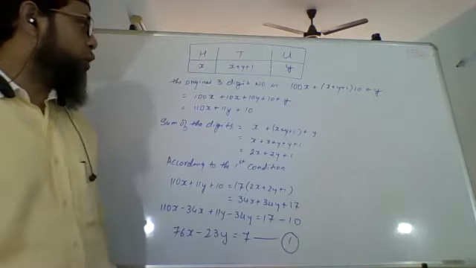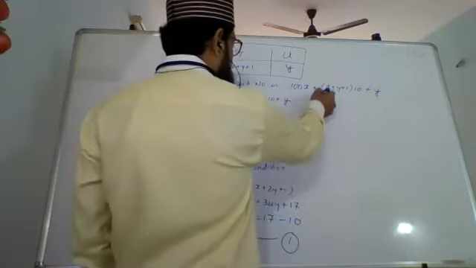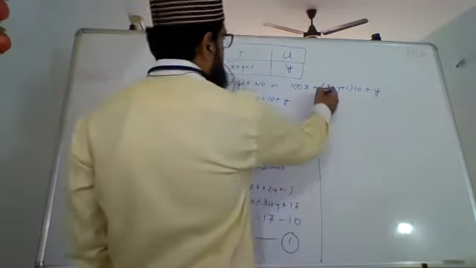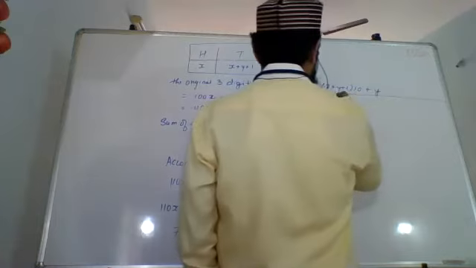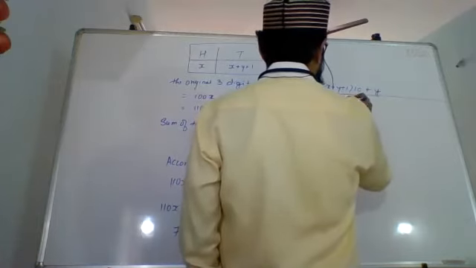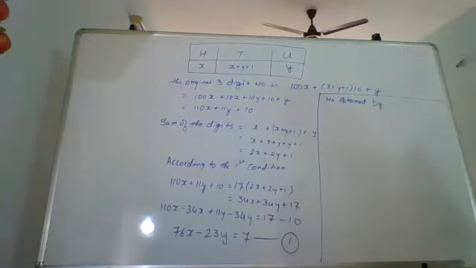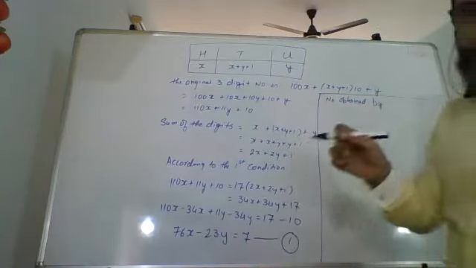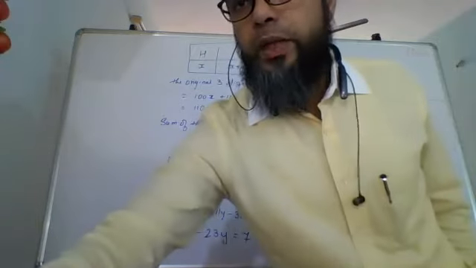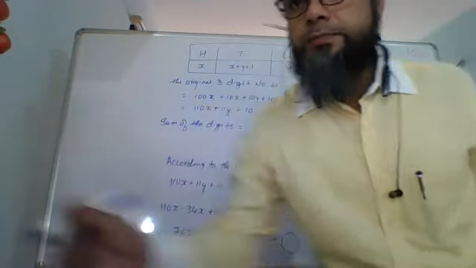Now what happens when we obtain the number by reversing the digits?